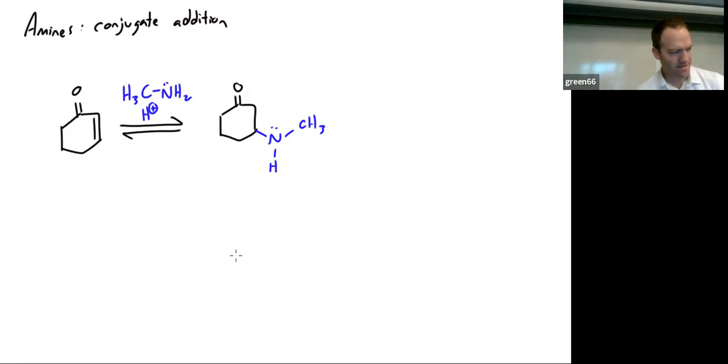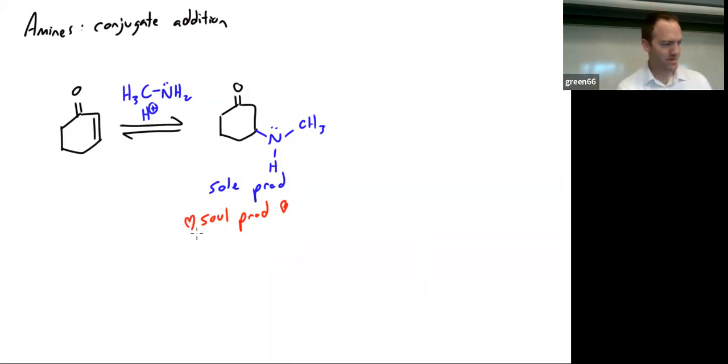This is the sole product that's formed. What is not formed is the nitrogen attacking directly, because if it did, that's what it would look like, which you all correctly identified as an imine.